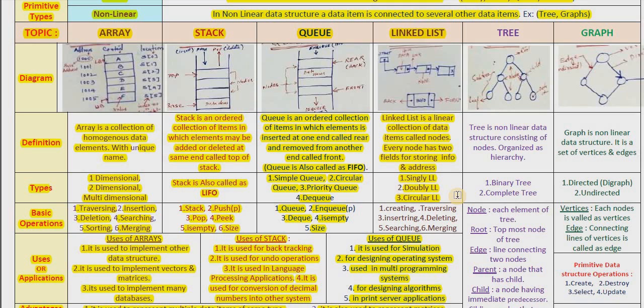Next, what is doubly linked list? Doubly linked list means every node has three parts. In the diagram you can see every cell or every node has three parts.